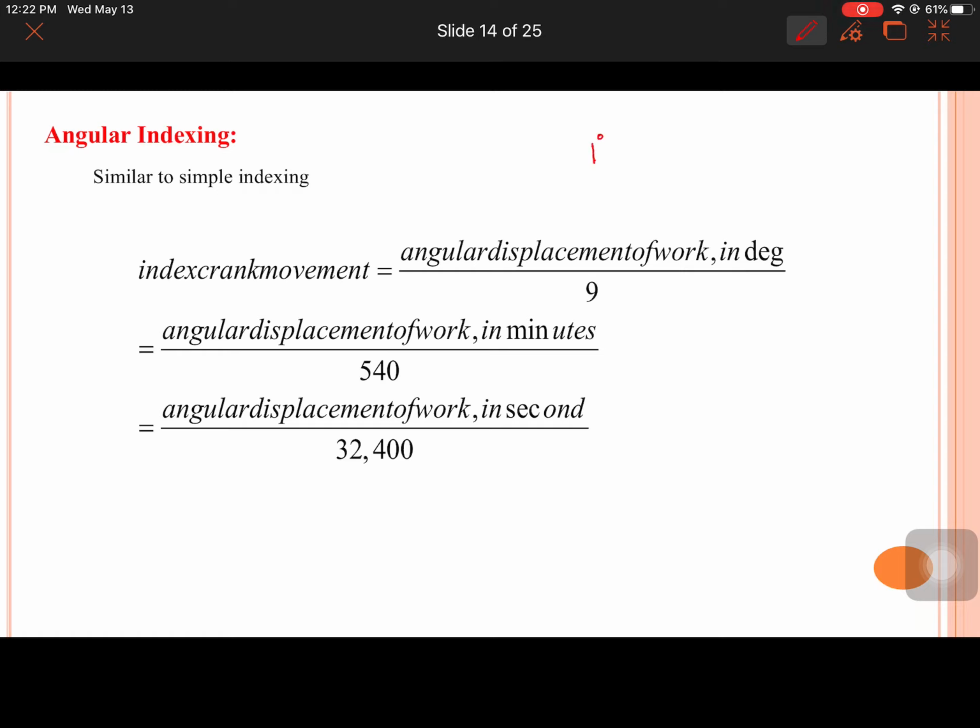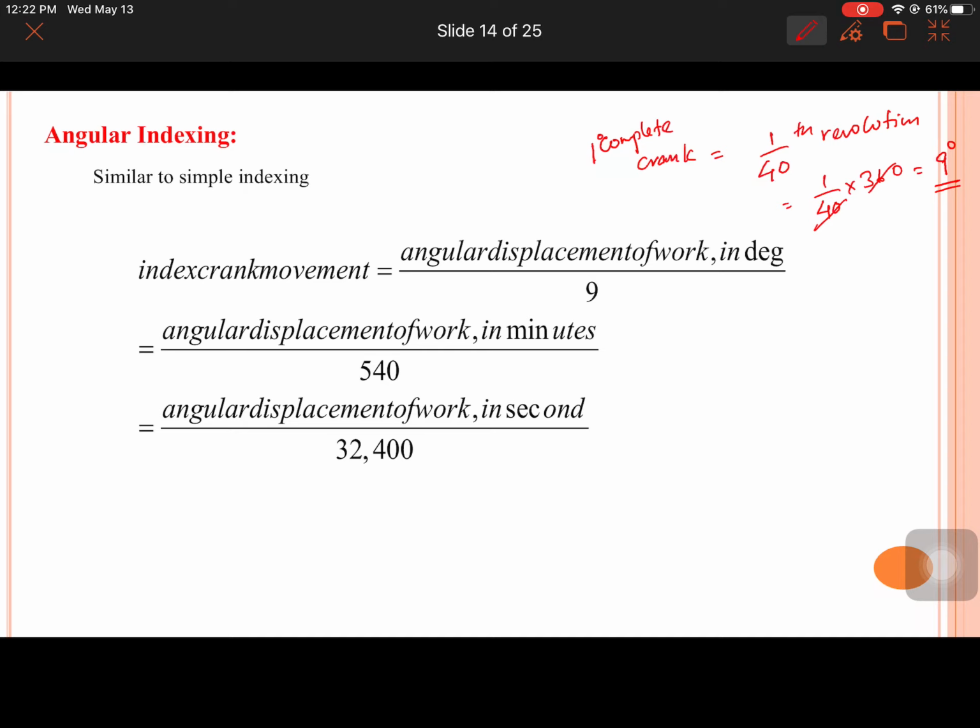We already understood that 1 complete rotation of the crank will lead to 1 by 40th revolution of the work part. So what is 1 revolution of the work part? That is 360 degrees. So what it means? That is 9 degrees. So for 1 complete rotation of the crank, the spindle shaft which is holding the work part is rotated by 9 degrees.